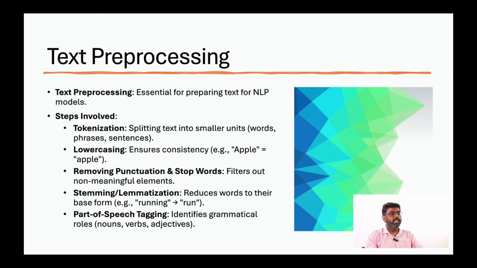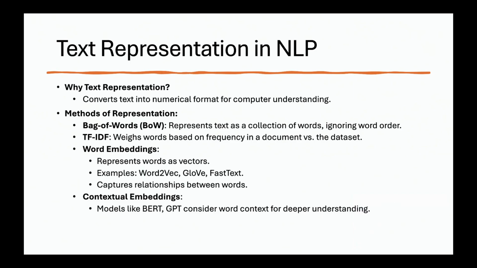The second one is text representation. Now, for computers to understand text, it has to be represented numerically. There are several ways to do this. First, we have the bag of words model, which represents text as a collection of words, ignoring their order. TF-IDF improves on this by weighing the importance of words based on how frequently they appear in a document compared to the whole dataset.